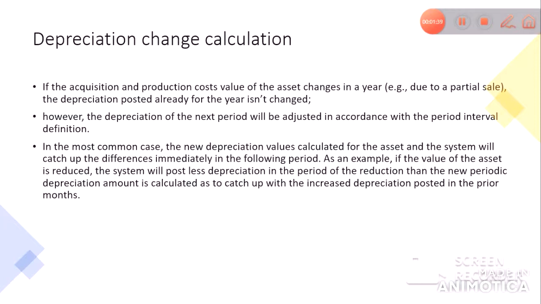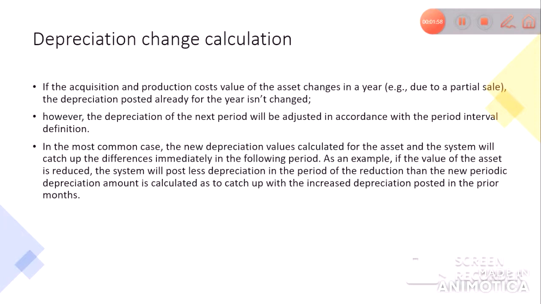If the acquisition and production costs value of the asset changes in a year, for example you do a partial sale, the depreciation posted already for the year isn't changed. However, the depreciation of the next period will be adjusted in accordance with the period interval definition.